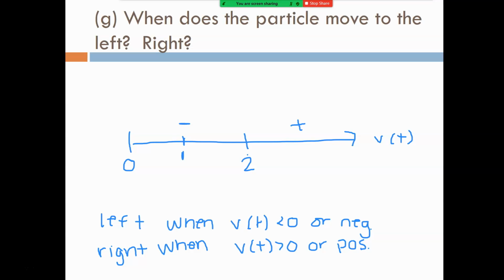So for this problem, the particle is moving left from 0 to 2 and right from 2 to infinity. If it had an end, like if it said, when does the particle move left or right over the first 10 seconds, then it would be 2 to 10, and the 10 would have a bracket.